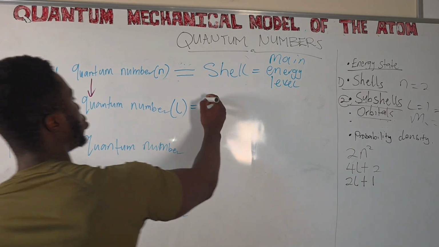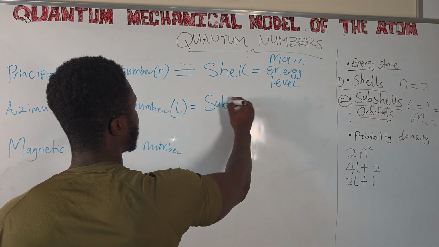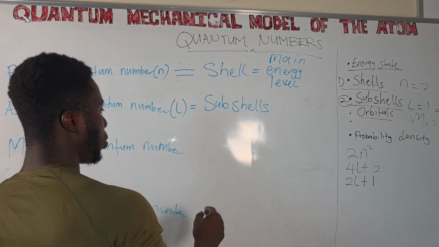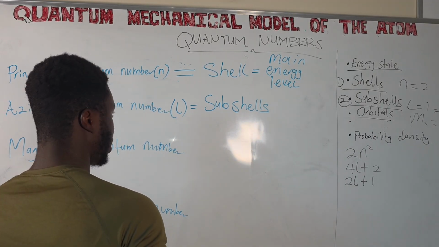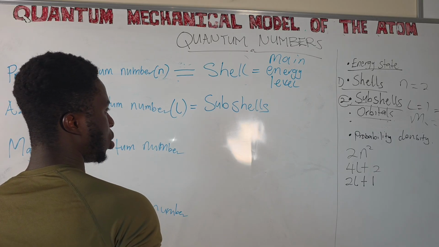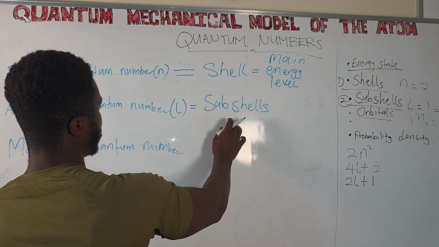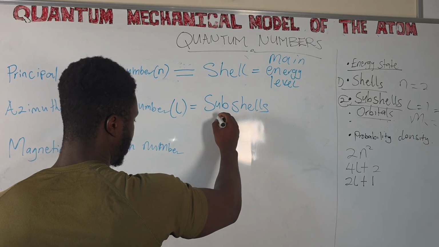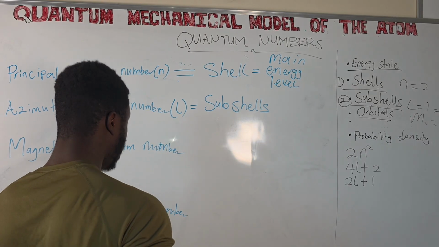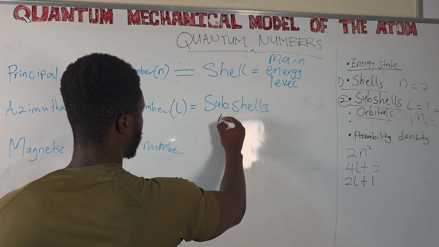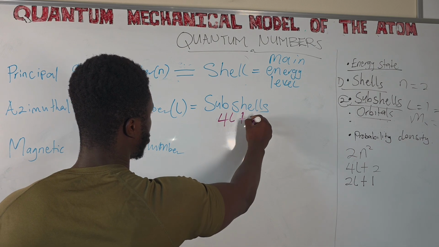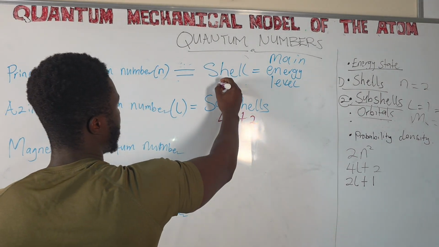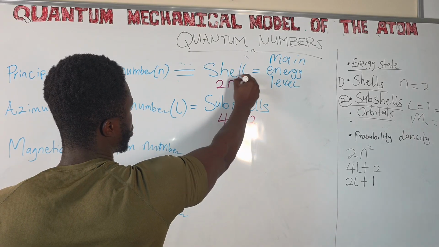That was equal to the subshells, right? And what did we say the maximum number that they can hold? The maximum number that they can hold is 4L plus 2. We did not do the maximum number the principal quantum number can hold; the maximum is 2n squared.